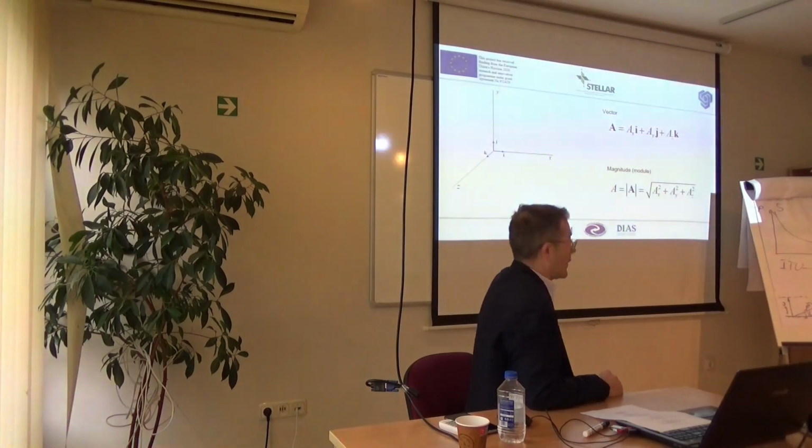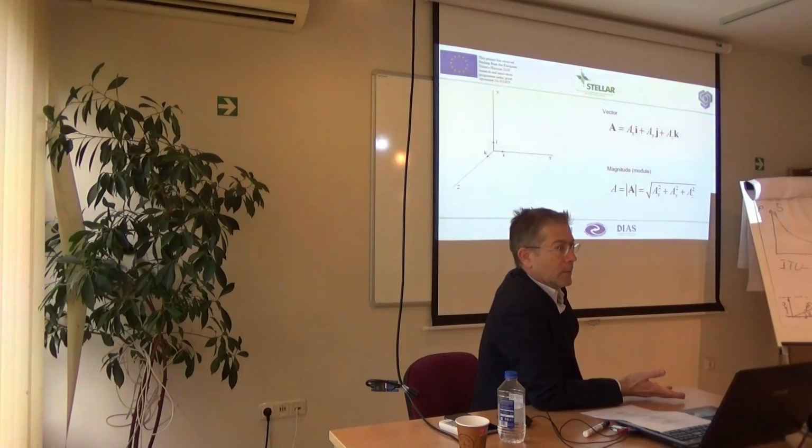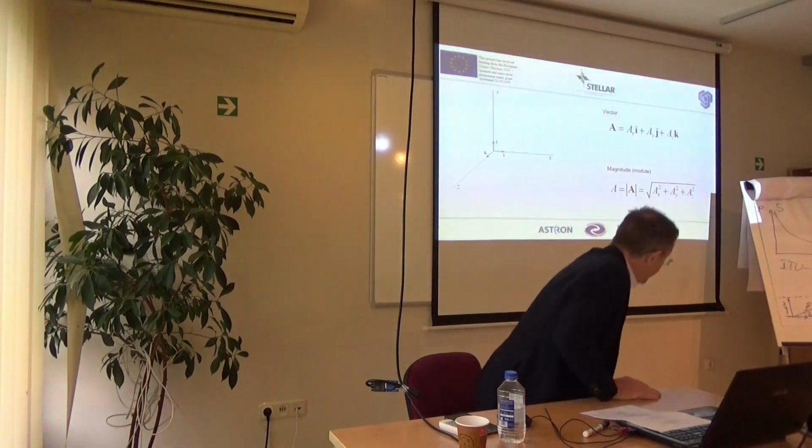And how do we describe vectors? We describe them in the most popular coordinate system called Cartesian coordinate system, in Bulgarian, Descartes, and in Latin, Cartesian coordinate system.